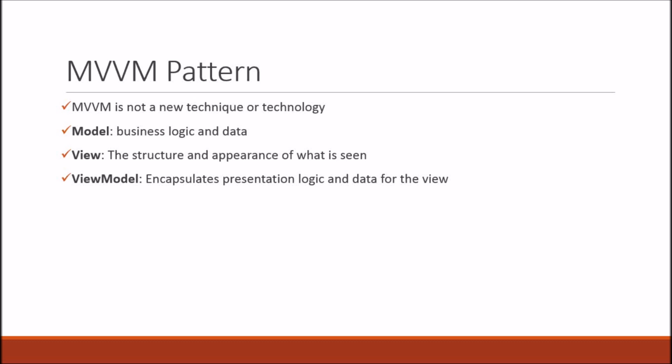MVVM simply separates an application into three parts, and the first part is the model. The model in the MVVM pattern encapsulates business logic and data. Business logic is simply any application logic that is concerned with the retrieval and management of application data, and with making sure that any business rules that ensure data consistency and validity are imposed.